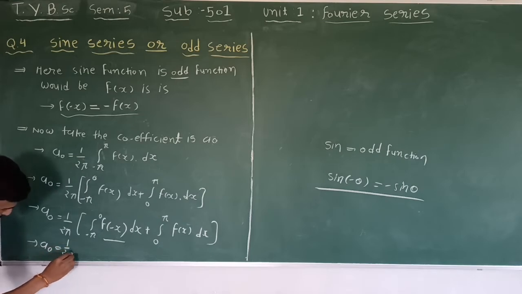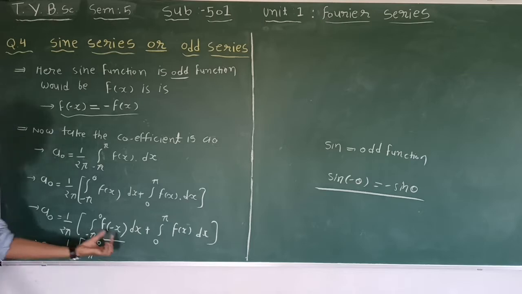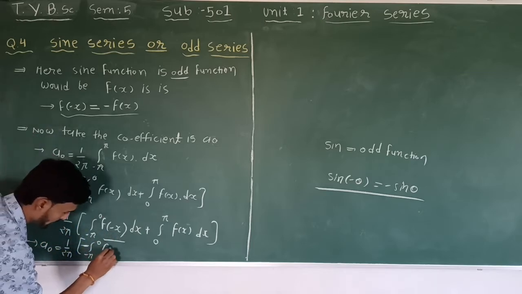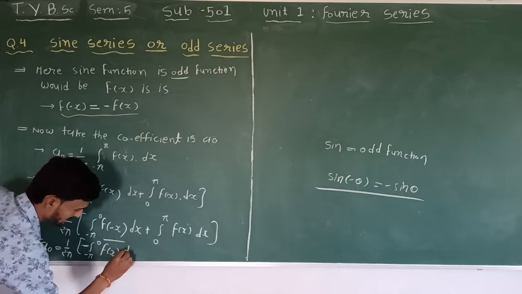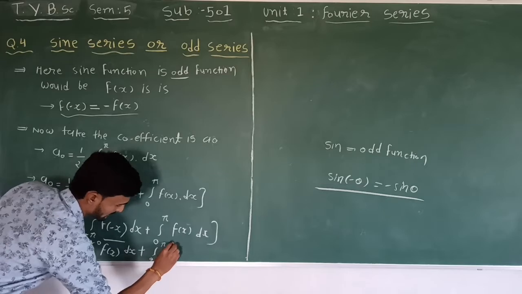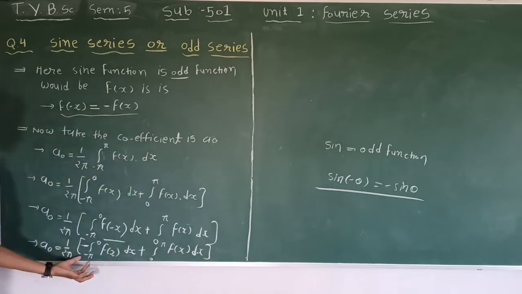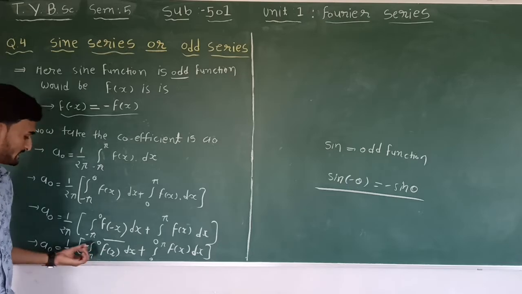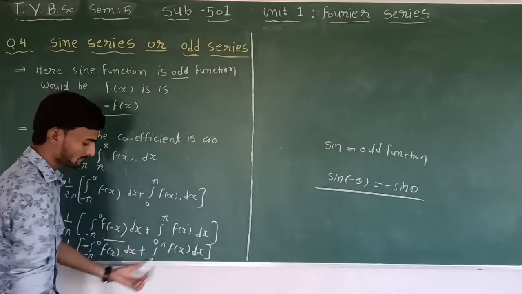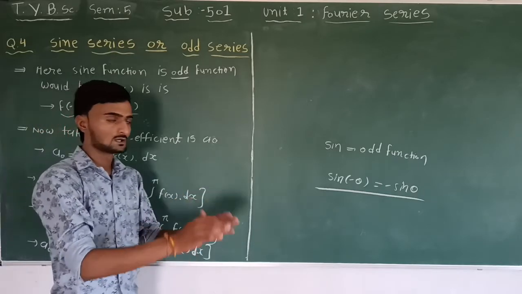The integral from minus pi to 0 of f of x dx is negative, and the integral from 0 to pi of f of x dx is positive. So minus f of x and plus f of x cancel.